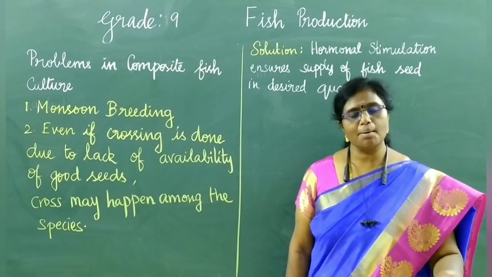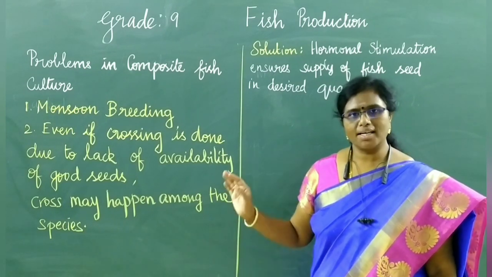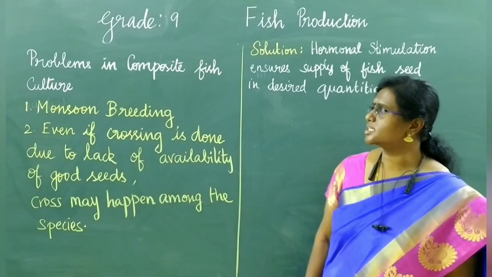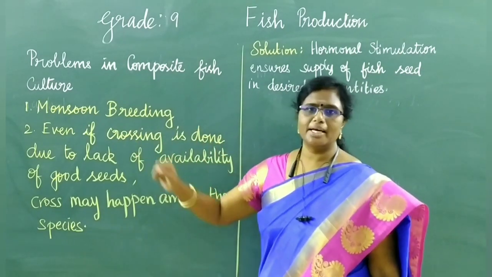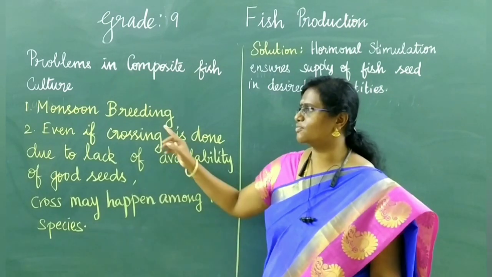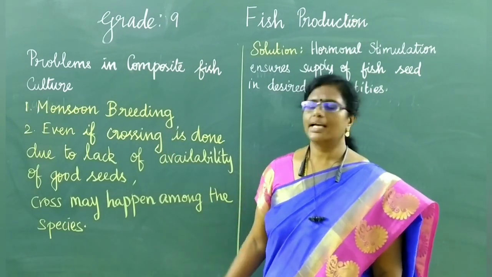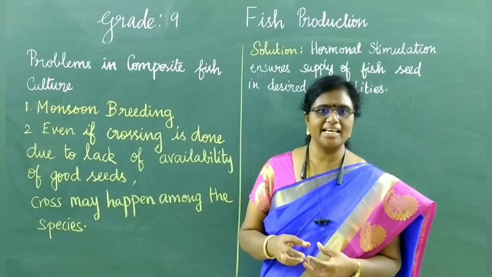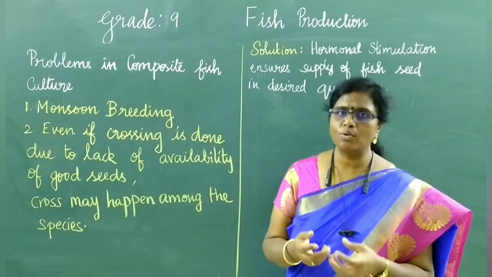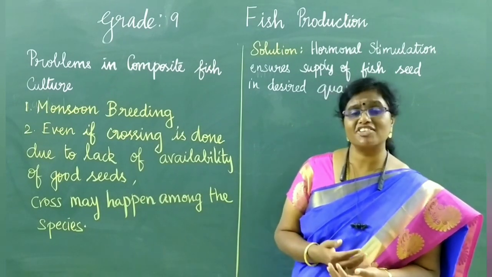Now what are the problems we face in composite fish culture? Breeding will be a problem. Only in the time of monsoon the fish will breed. Next, good quality seed, that is the fish young one or the eggs, we can say it as a fish seed.